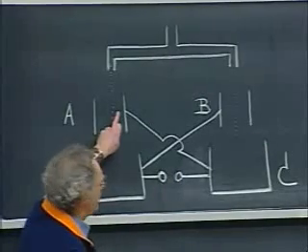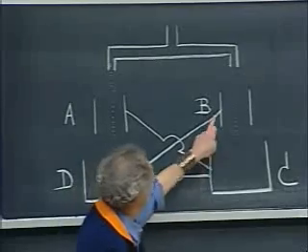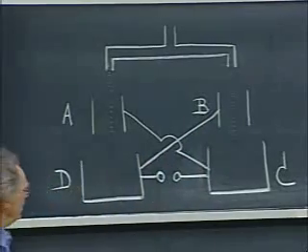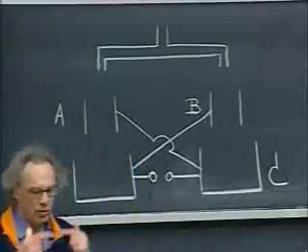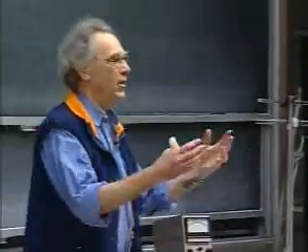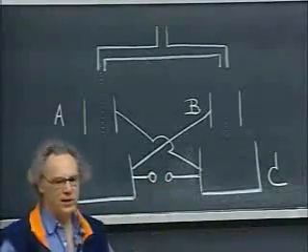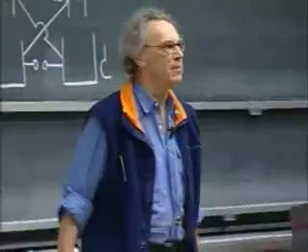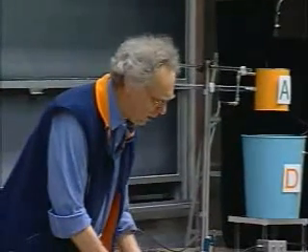And the paint can A is connected to C. That's crucial. And the paint can B is connected with D. And here there are two balls which I can bring close together. I run water. And after a while I see a spark here. I can even see a spark when the distance is something like 6 millimeters, which would be a potential difference of about 20 kilovolts.